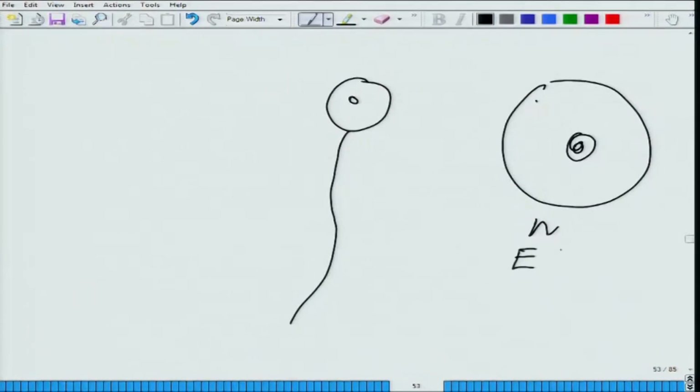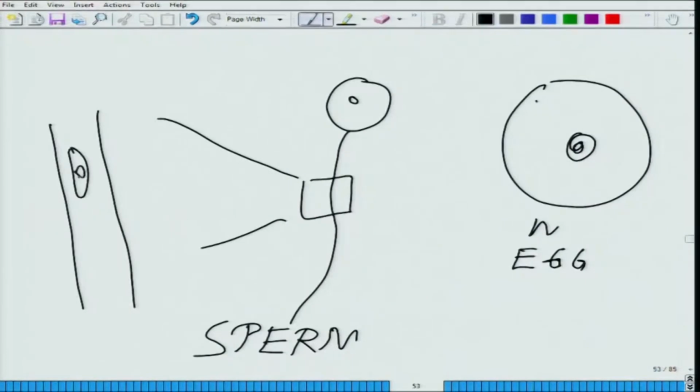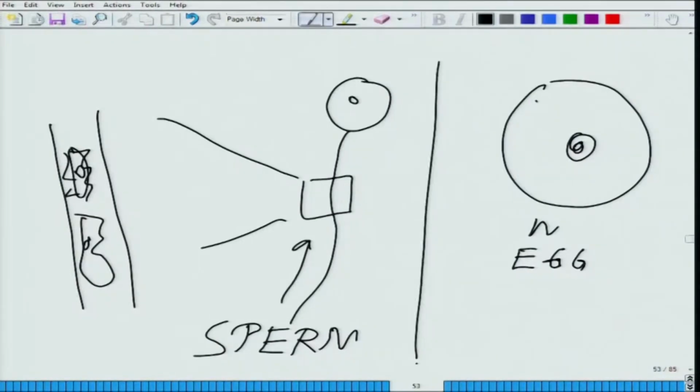This is the egg and this is the sperm, and this is the sperm tail. If you take a cross section of this tail, you will see a lot of mitochondria, which generate a lot of energy for its movement, because it has to move a lot. It is a very motile structure. This formation of sperm is called spermatogenesis.